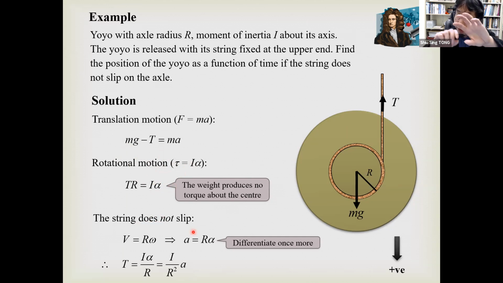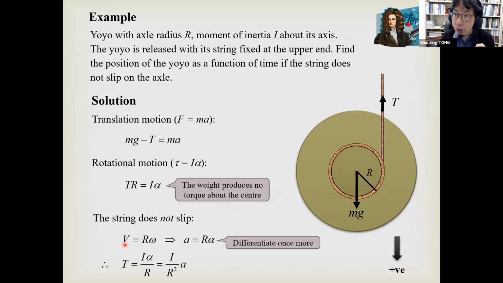When the string uncoils on the axle of the yo-yo, there will not be any slipping. That is like the rolling of a circular object on a table, which again produces no slipping. So our equation for no slipping now applies also to the yo-yo.